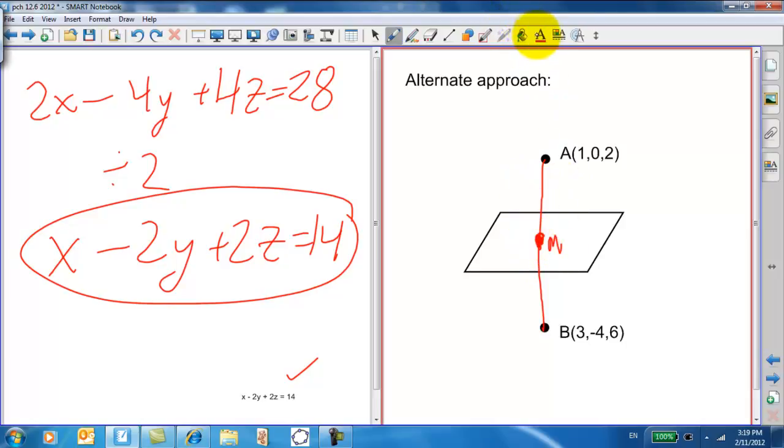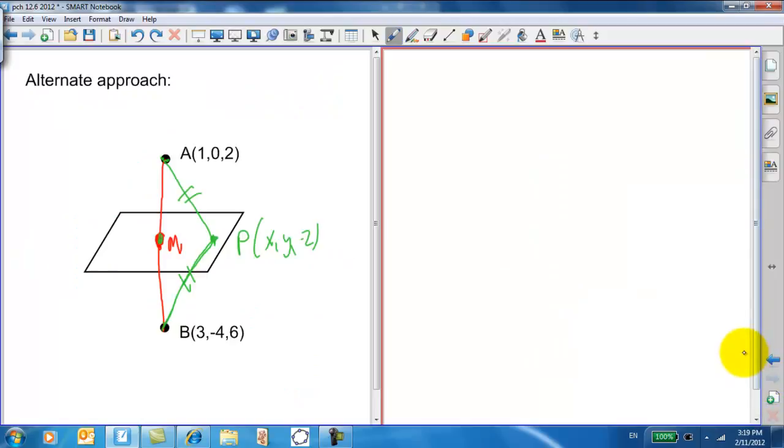Any point in the plane, call it P, with coordinates x, y, z, must be equidistant from the endpoints of this segment, right? That's how you create a perpendicular bisector of a line segment, and now we can create the perpendicular bisecting plane of this line segment in 3-space. Quite a thought. Let's just check this out then.